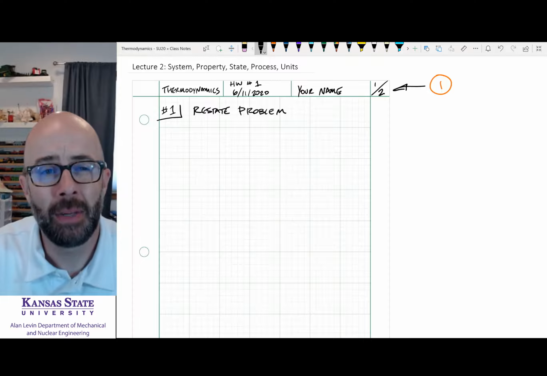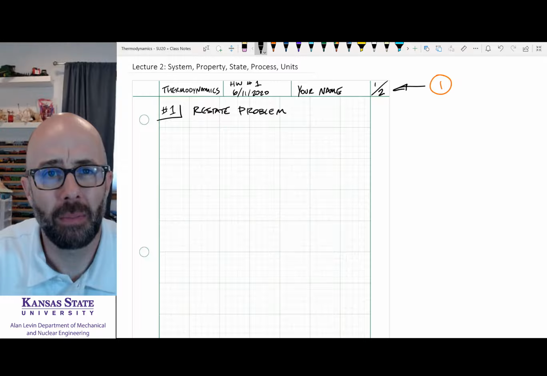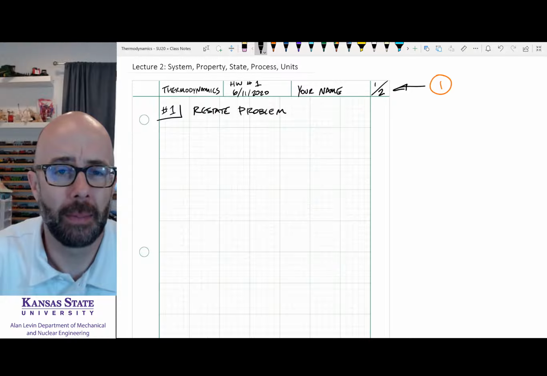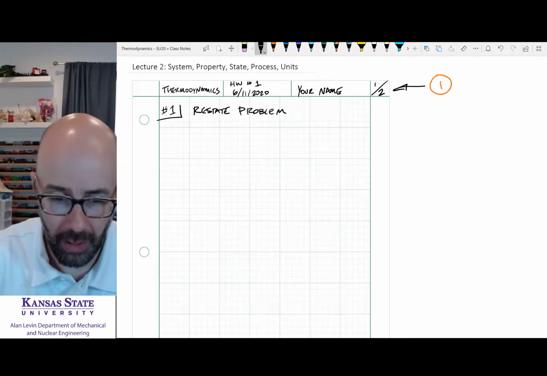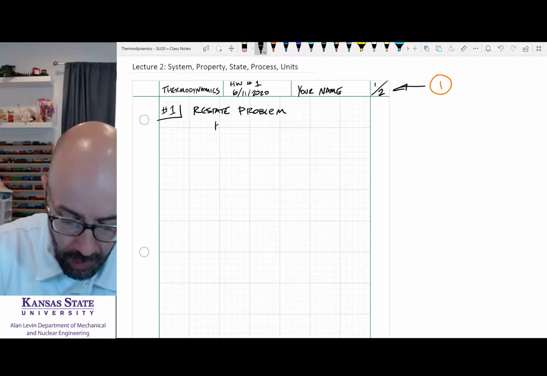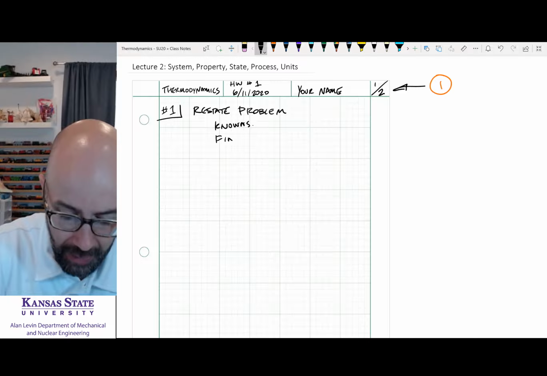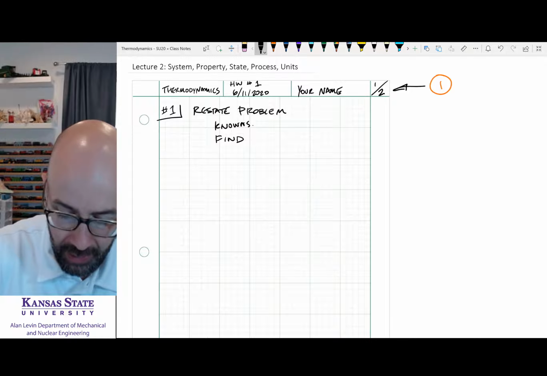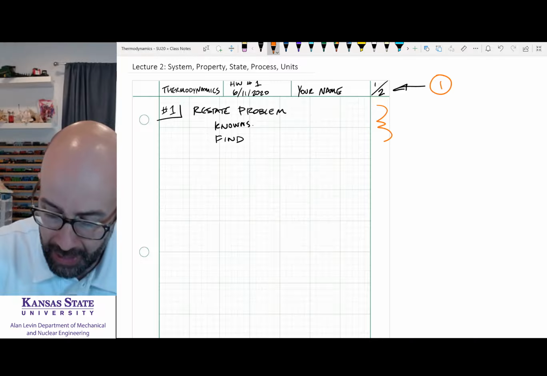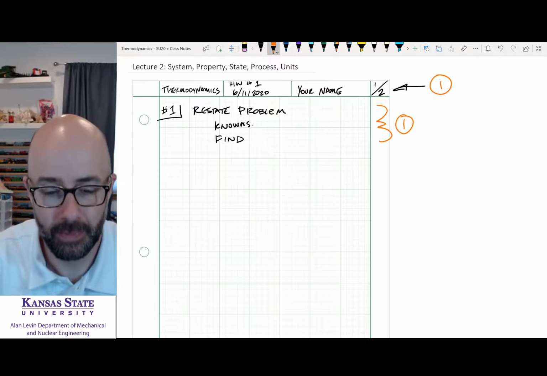This could be your own restatement of the problem, or this could be just copying things down word for word. It's important that you know the knowns. It's important that you say what you're going to find. And if you restate it, this is going to be worth 1 point.